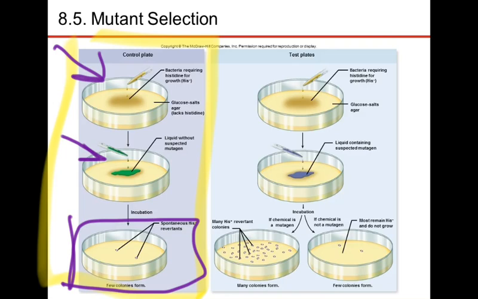If everything works normally in this control situation, you shouldn't see very much growth. Even though you might have put 100,000 or 1,000,000 cells on that plate, you should see very few colonies, but you will see some. And those guys are revertants. Those guys are cells where, when DNA polymerase was copying the histidine gene, it made a mistake that fixed the original mutation that made it a His auxotroph.